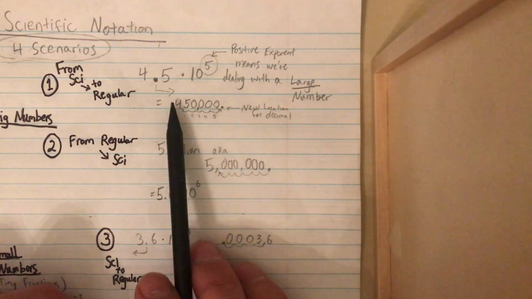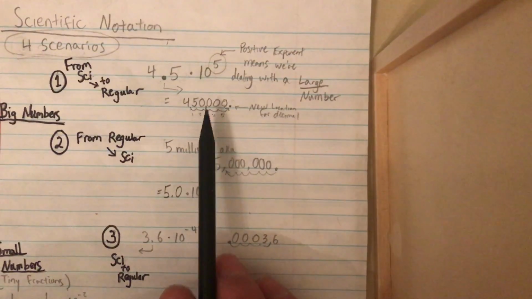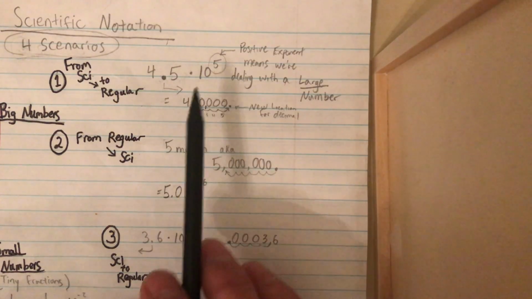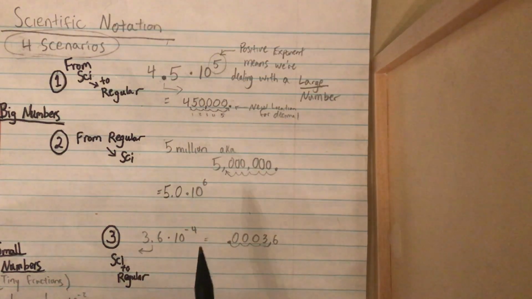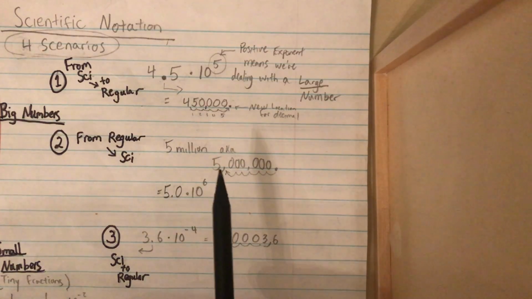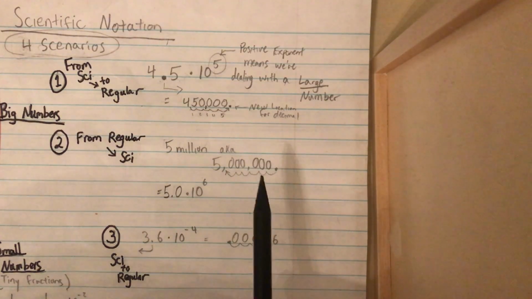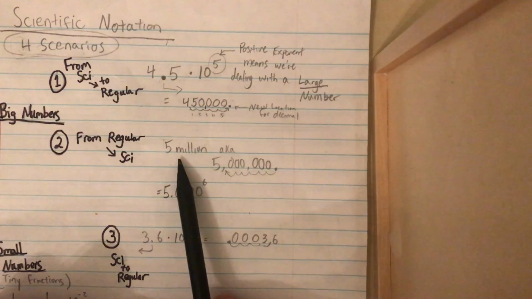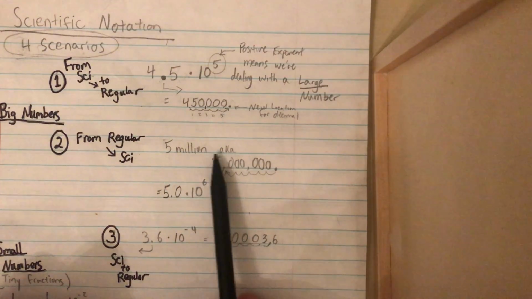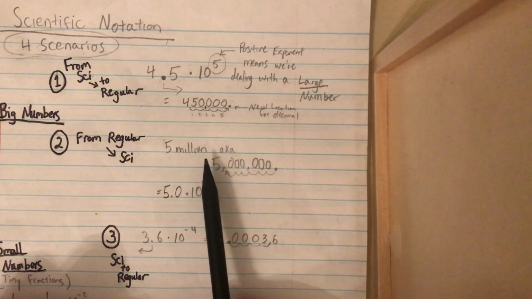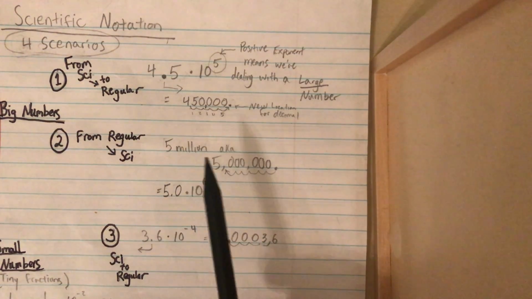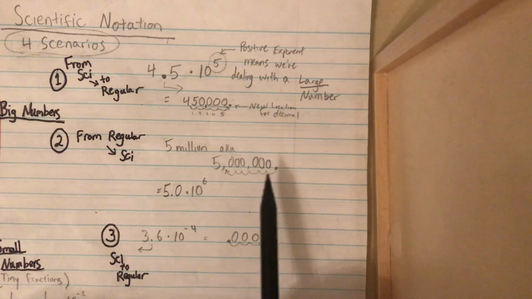You can always tell which way your decimal needs to go because you can tell whether you need a big number or a little number. Working the other way around is maybe a little easier because you always know where the decimal is going. If we need to write 5 million, and we know that number in words, that's this amount of zeros here.